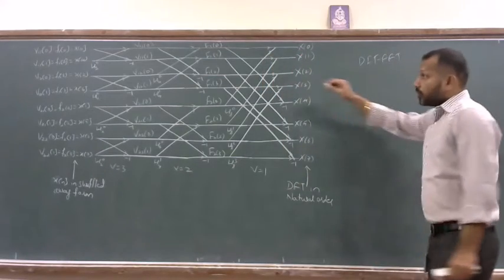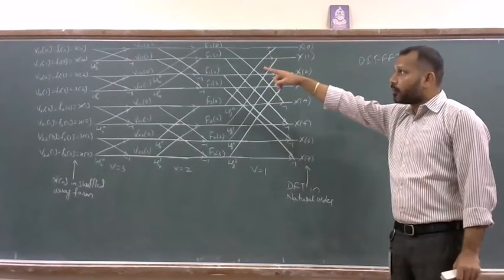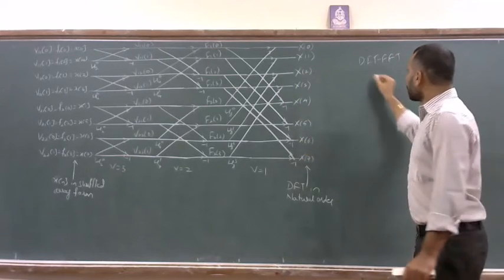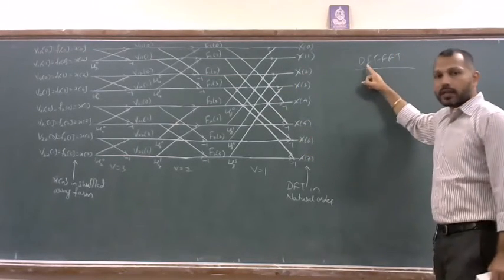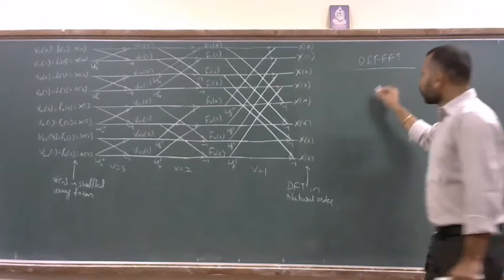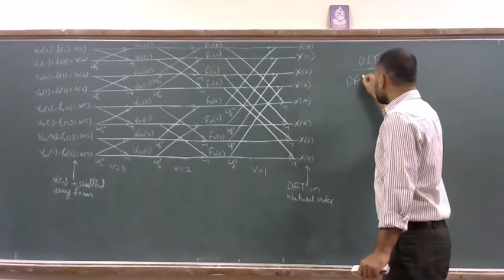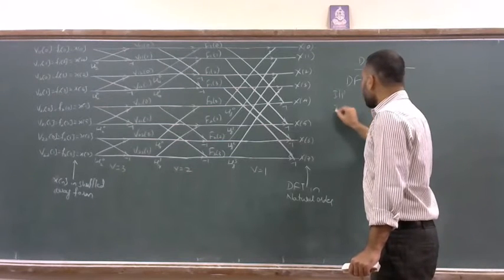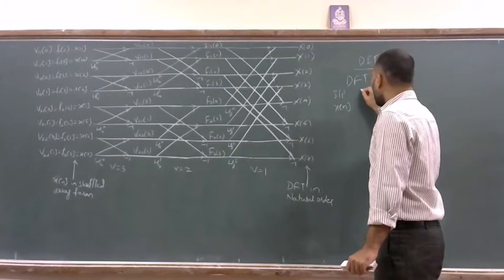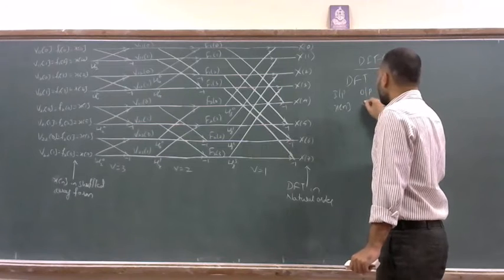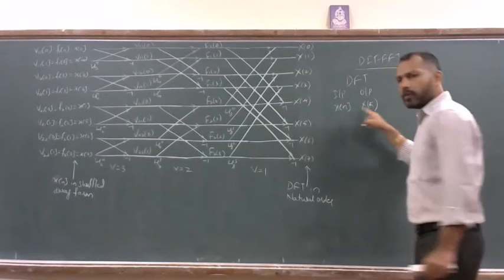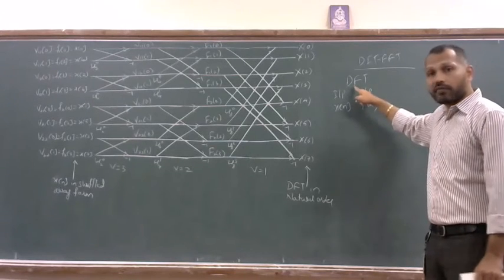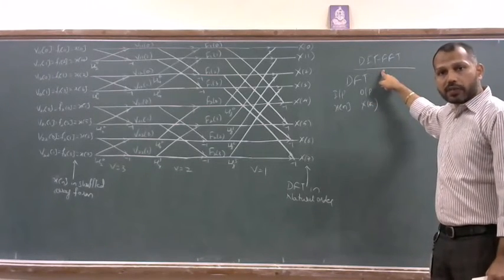Now, the question was, will it be in the shuffled array form for all the algorithms? For that, we need to understand its name, decimation in time. Now, to calculate the DFT, the input will be x of n and the output will be x of k. From x of n, we convert it into x of k by applying the discrete Fourier transform, calculating the DFT using decimation in time FFT.